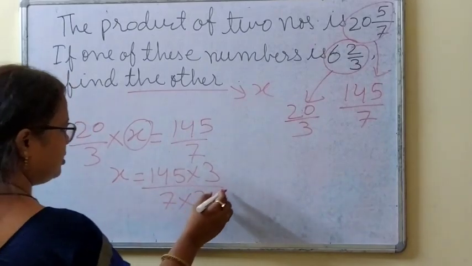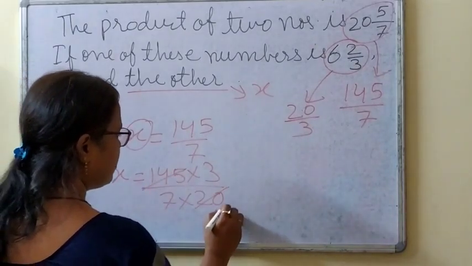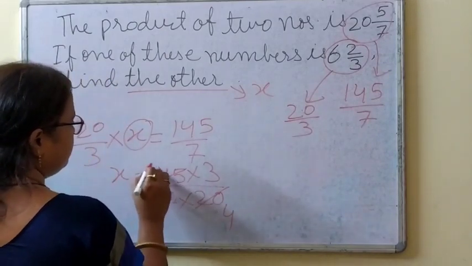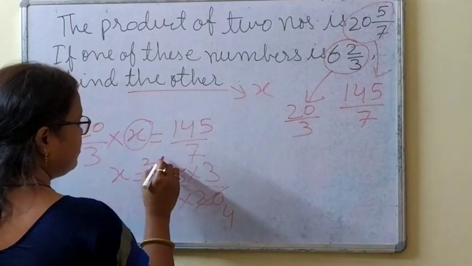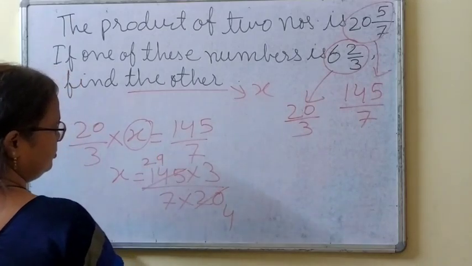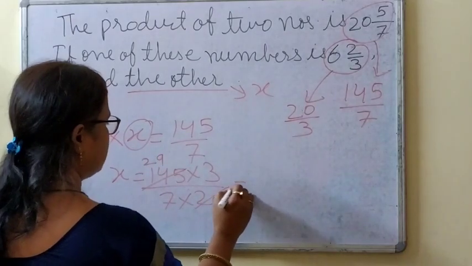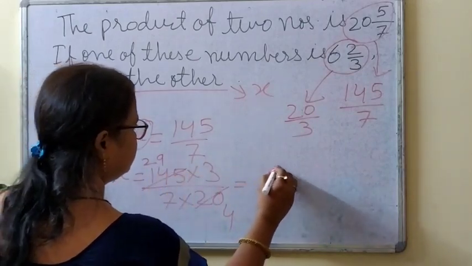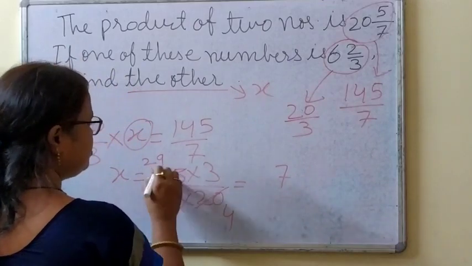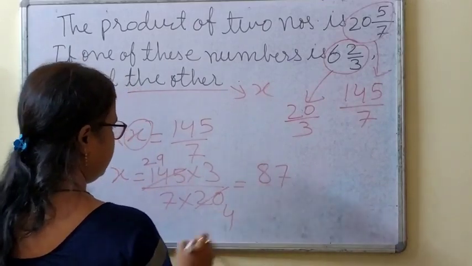Okay. Now cancel it. We can use 5. 5 4s are 20. Then 5 2s are 10, and 5 9s are 45. Okay. So now multiply. 9 3s are 27. 3 2s are 6, 7 8s are 87.